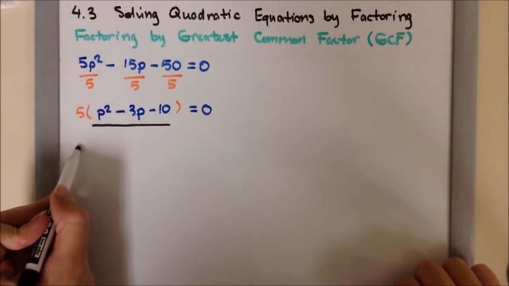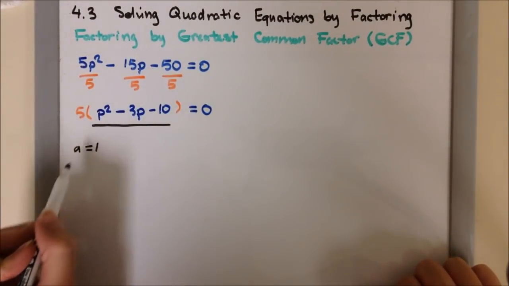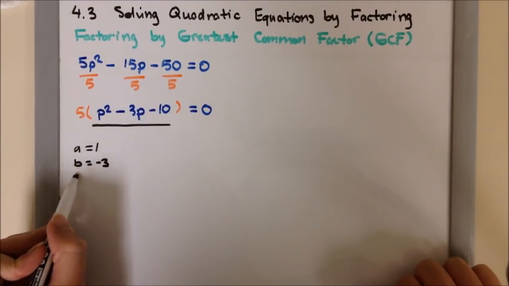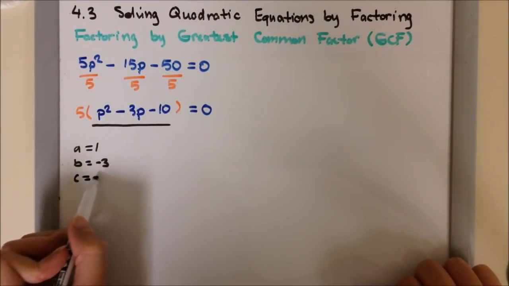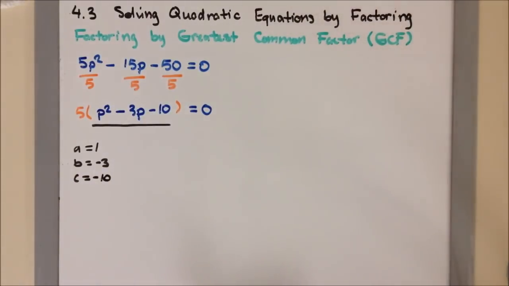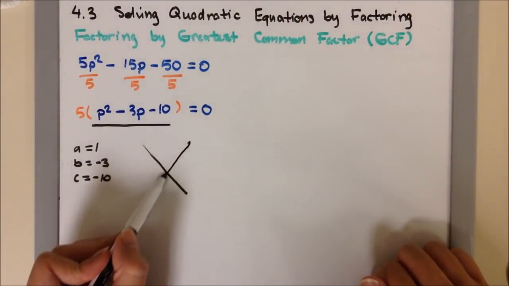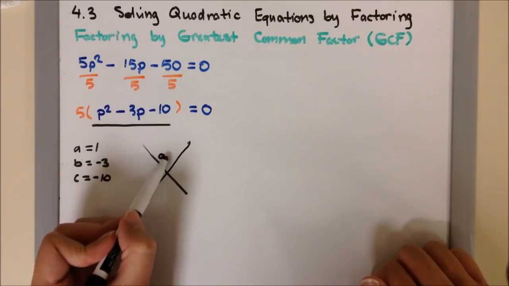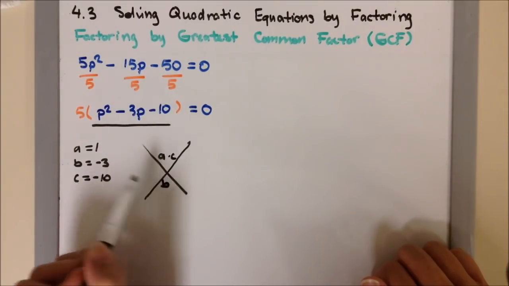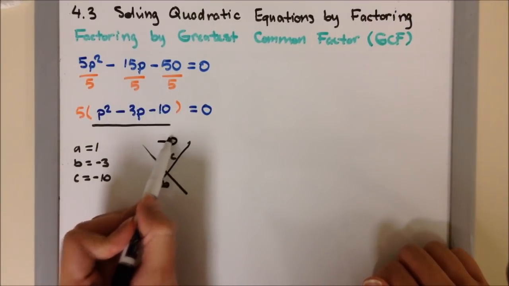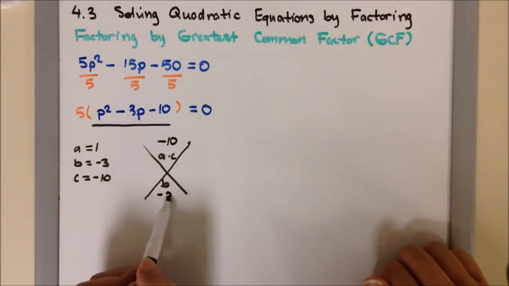Now my a is 1, my b is negative 3, and my c is negative 10. So my A times C, 1 times negative 10, will be negative 10, and my B is negative 3.